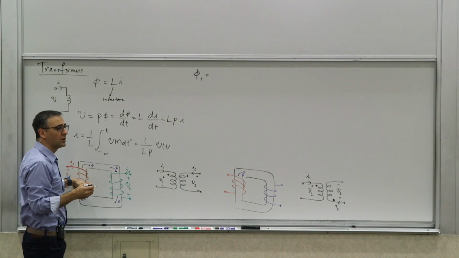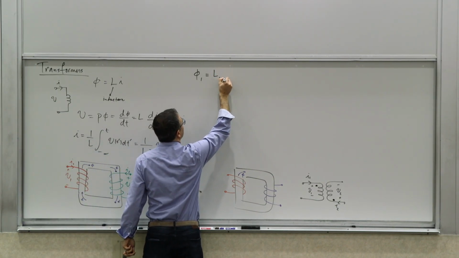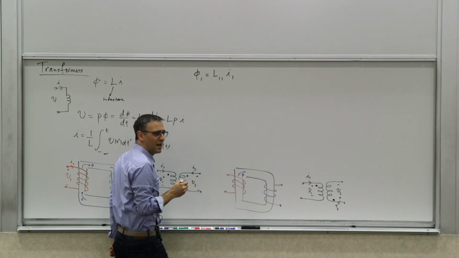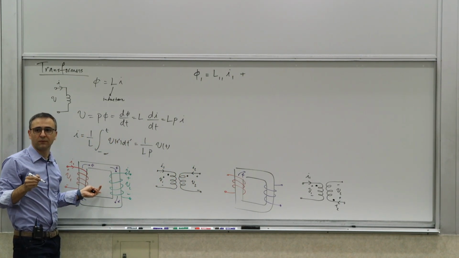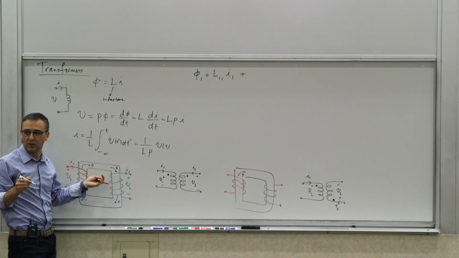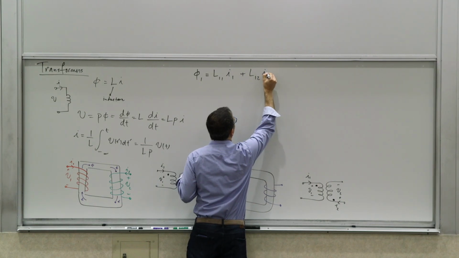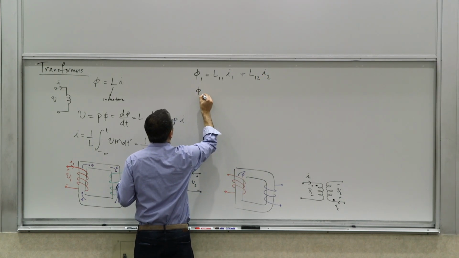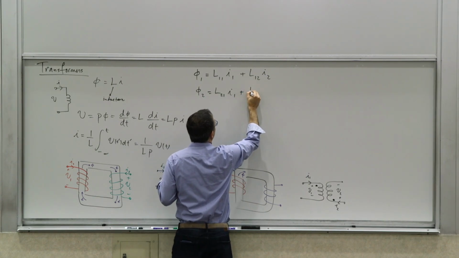One is its own current, right? Its own current has a role, so we call it L11 I1. And then the current of the other inductor will induce some flux in this loop. So let's call that L12 I2 in general. And similarly, for the other one, by symmetry, you can write something like this.